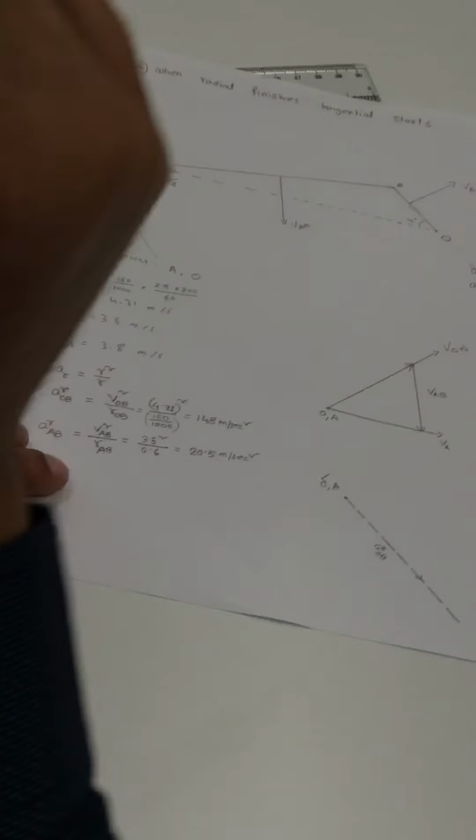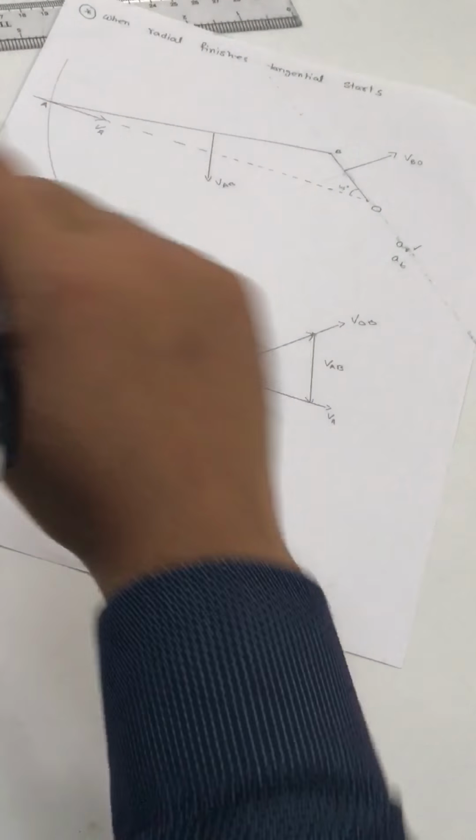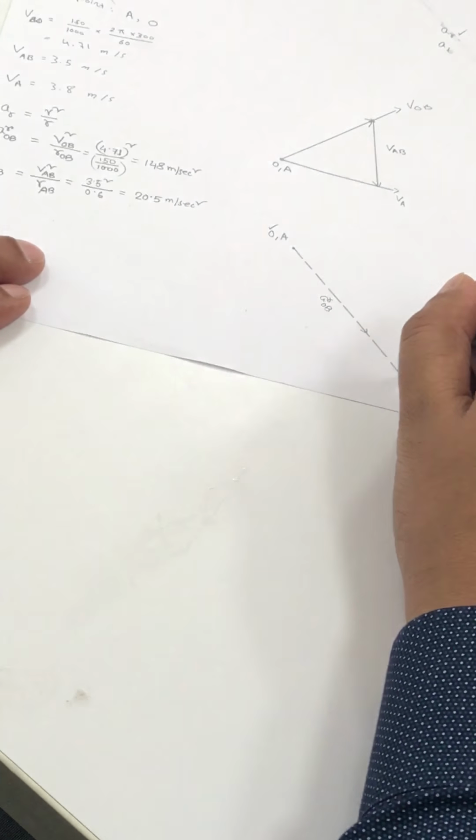Now tangential for this one is how much? Let's read the question here. It says the crank, meaning OB, rotates at clockwise constant speed. It says constant speed. That means V tangent is 0, right? So that means no tangential, right? Yes.